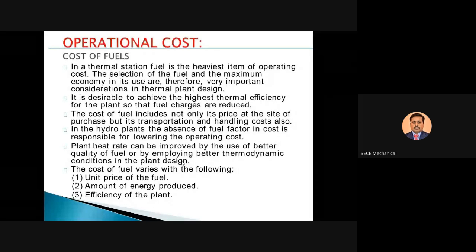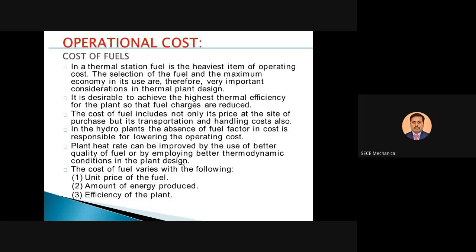Everything is very important, so you have to think about all the aspects of fuel usage. That's why we are going to study the cost of fuel separately. It is desirable to achieve the highest thermal efficiency for the plant so that fuel charges are reduced.